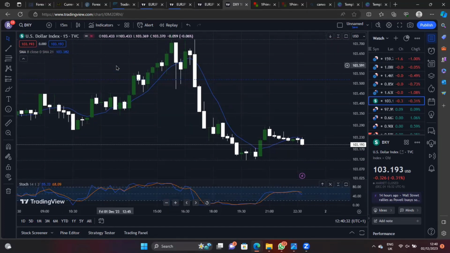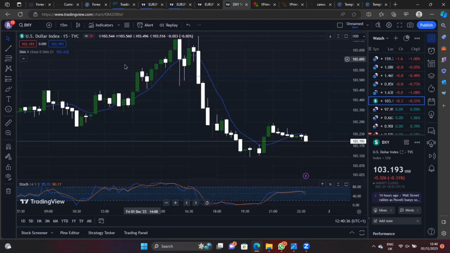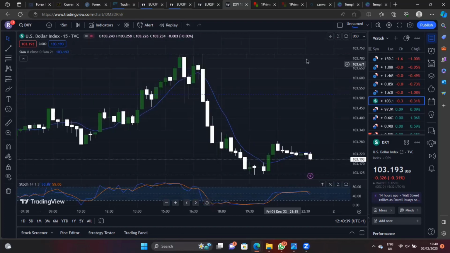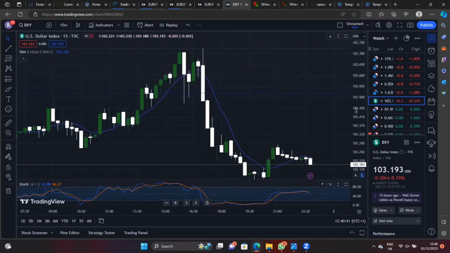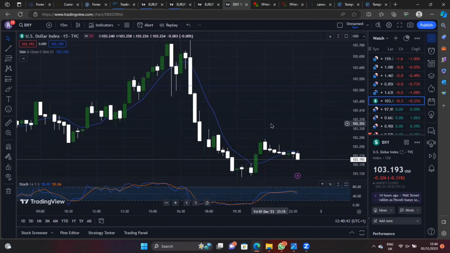If you have a jotter or a note, I would want you to make very good use of it at this moment. We're going to start with exactly the history of candlesticks.